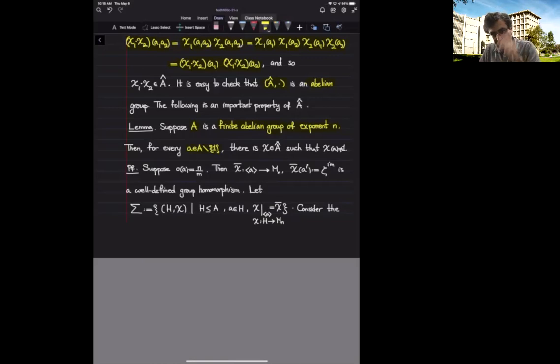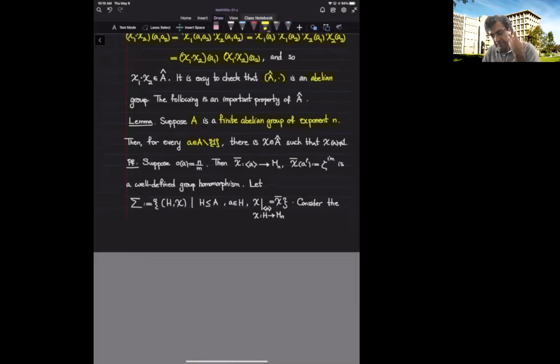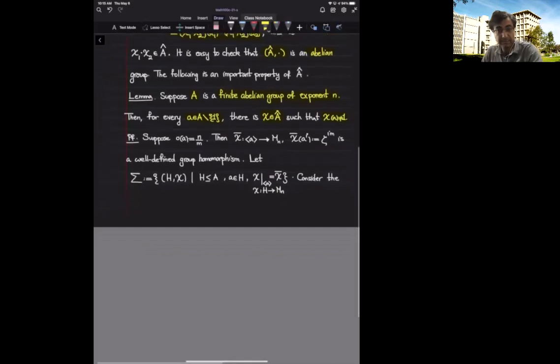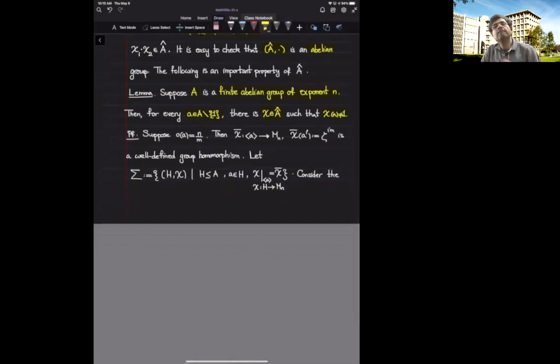We can find an observer that doesn't kill A. So if A is a finite abelian group of exponent n, when I give you a non-trivial element of this group, there is an element of the dual that sends A not to 1, which does not contain A in its kernel. Okay, so let's see why this is the case. We will see the importance of this lemma later.